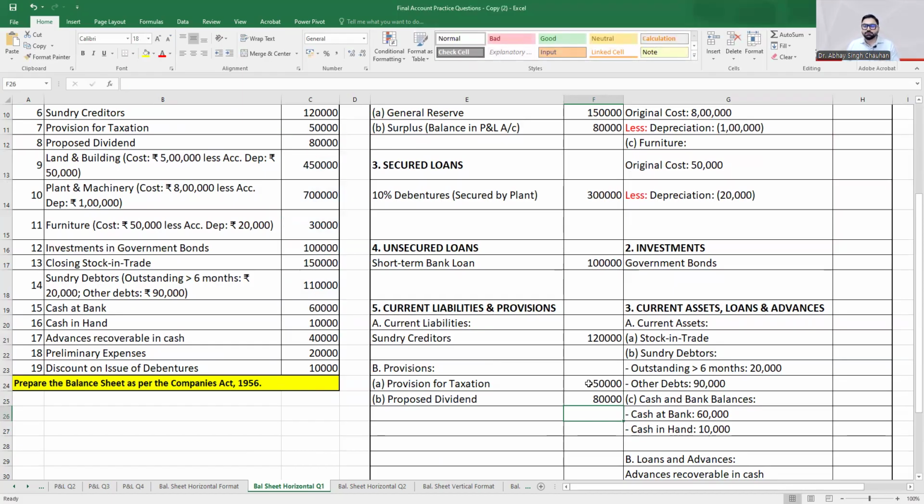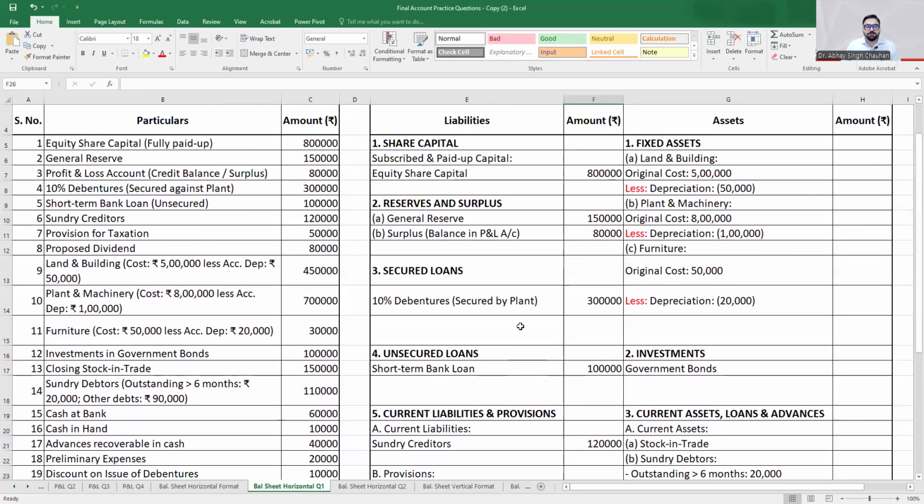Now look into the next one, that is land and building. The moment we talk about land and building, it is a part of your assets. So we'll go to the asset part and look into the land and building category, right? As we have seen in the format also, land and building is a part of assets and it is a part of your fixed assets, long-term assets.